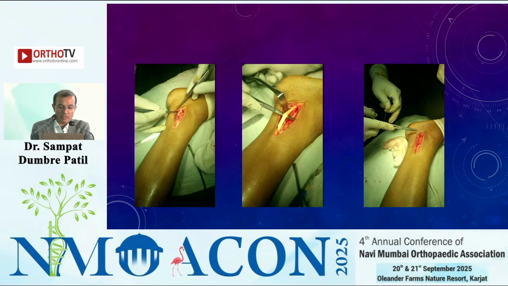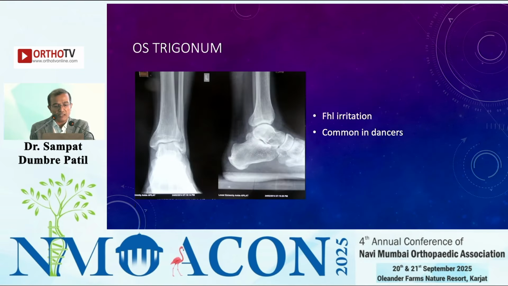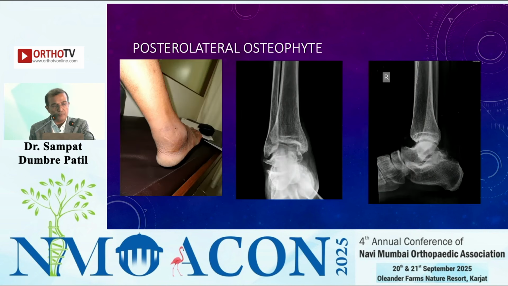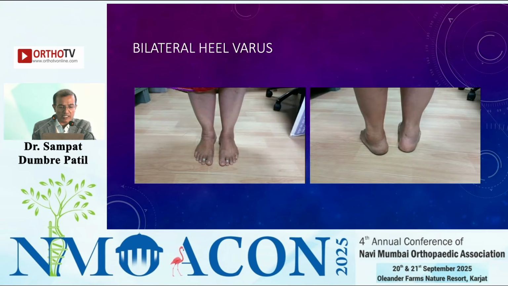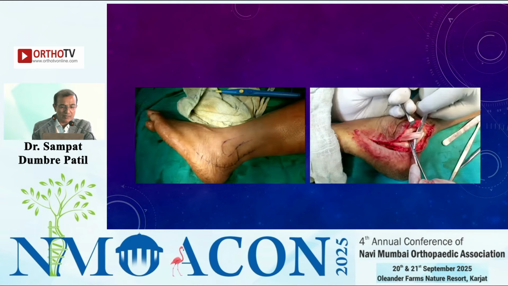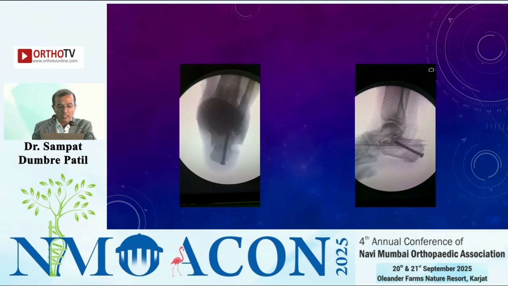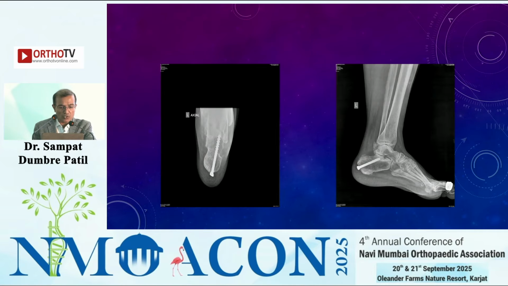In this case, we did fibular groove deepening and peroneal tendon stabilization. Lastly, we may get irritation of the peroneal tendons due to the os trigonum or osteophytes causing irritation and peroneal tendon tears, which were repaired along with calcaneus slide osteotomies.